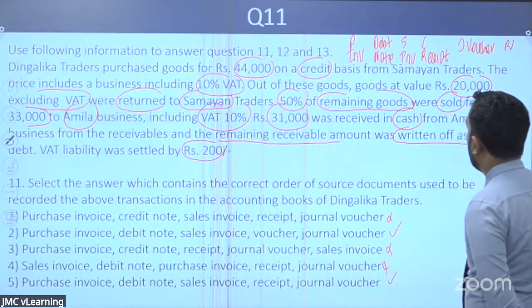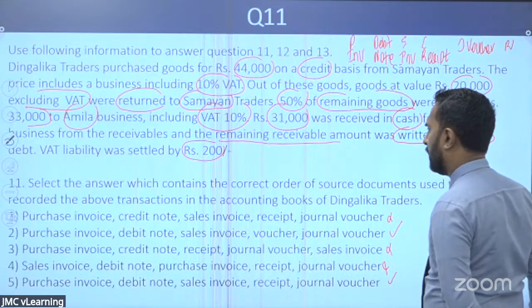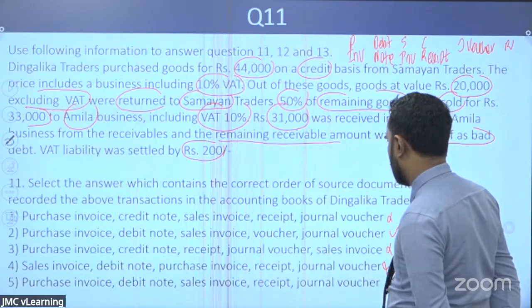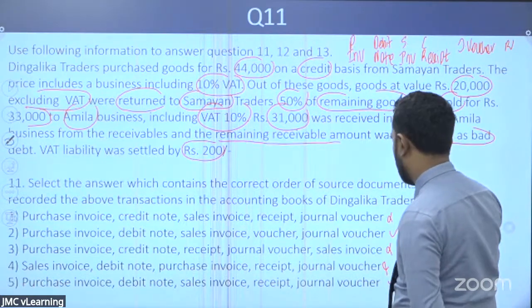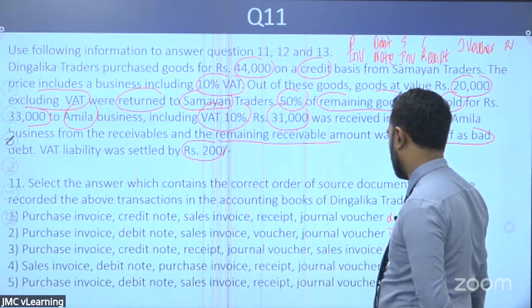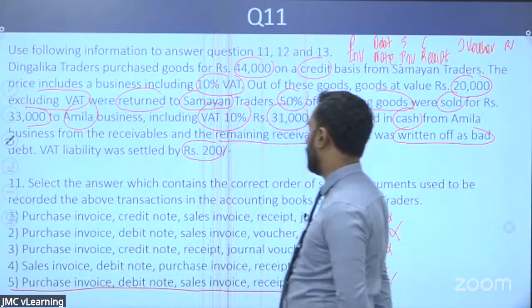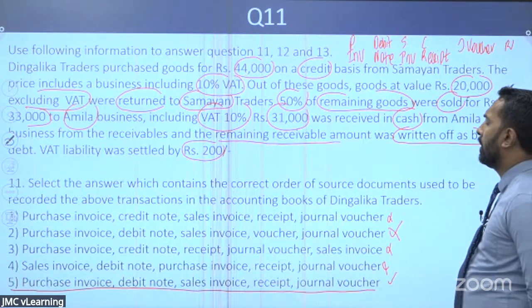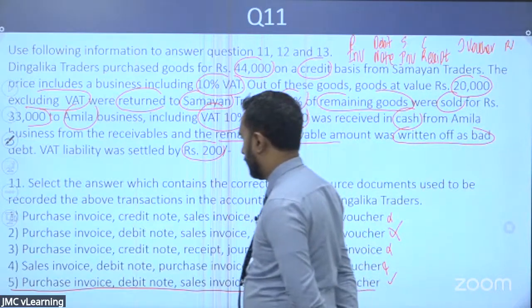Then the fourth one would be the cash receipt, that is also correct. Purchase invoice, debit note, sales invoice, then the receipt. Here they got the voucher, so this is not the correct answer. So the most appropriate answer would be the fifth one: purchase invoice, debit note, sales invoice, receipt and the journal voucher.